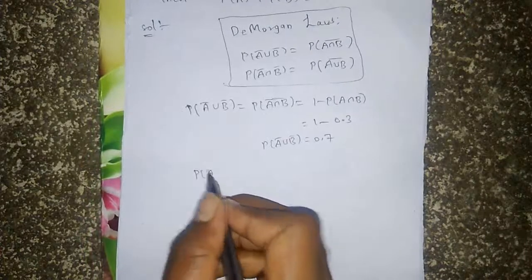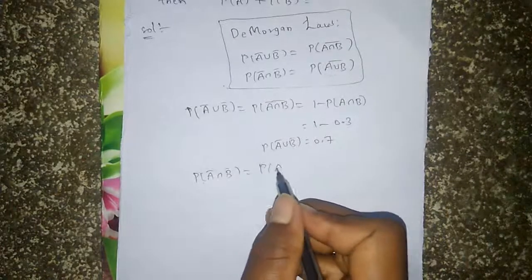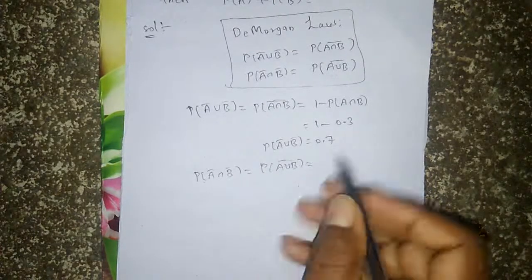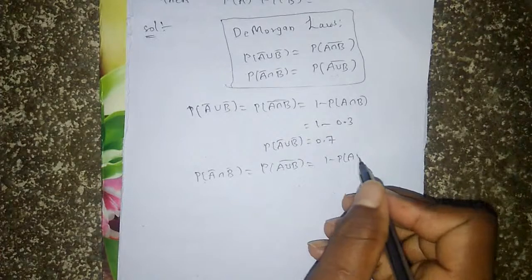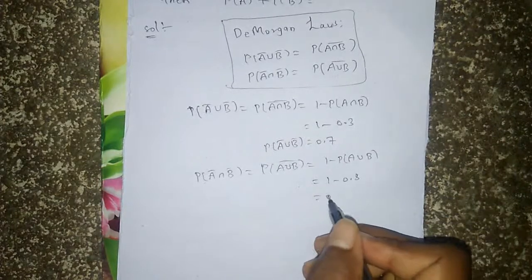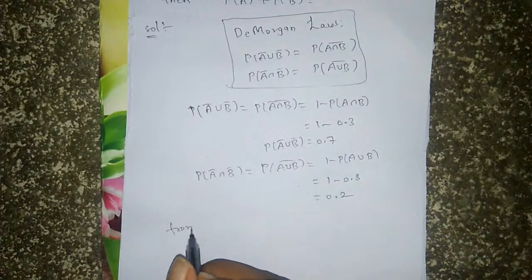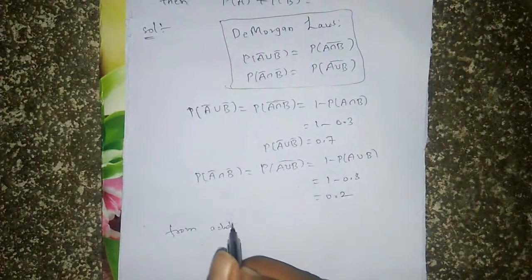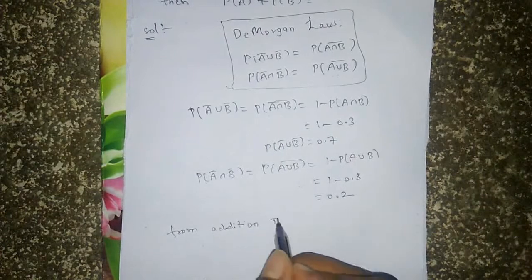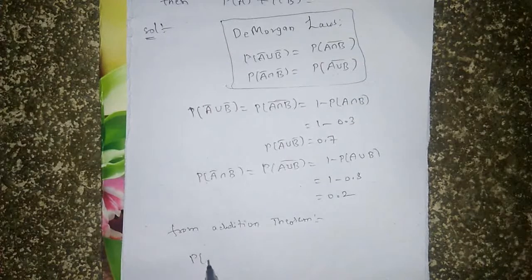Similarly, P of A bar intersection B bar is equal to P of A union B whole bar, that is 1 minus P of A union B, that is 1 minus 0.8, that is equal to 0.2. Now from addition theorem of any two events, here two events are, let us assume, A bar and B bar.